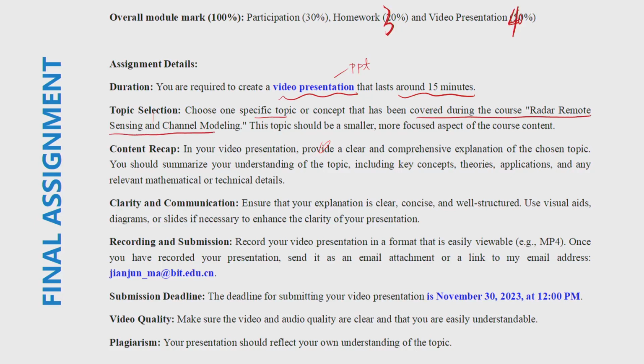I would not want it to be too wide, and of course you cannot present too many details, so I hope it is a focused topic and you focus the presentation on just that.